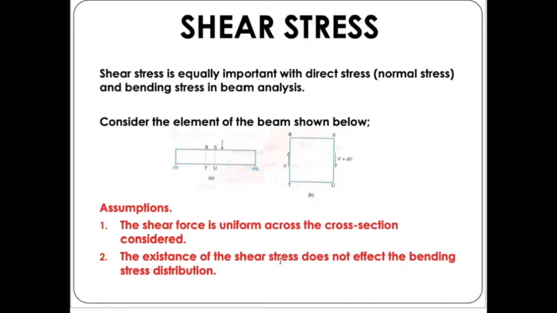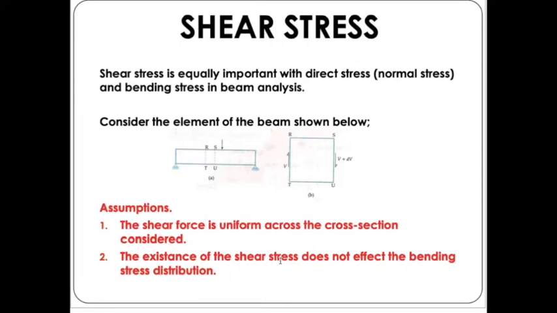We are going to consider the element of the beam as shown below, with the assumptions that the shear force is uniform across the cross section considered, and the existence of the shear stress does not affect the bending stress distribution. However, we are going to calculate for this new value.